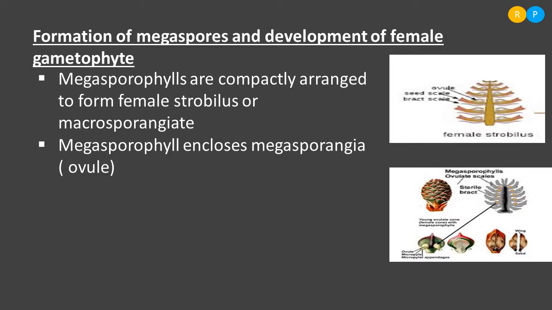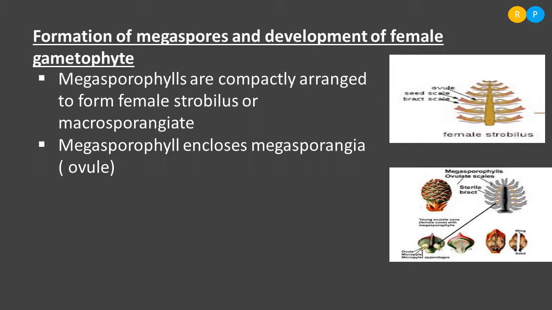Ovule. Understood, right? So the female cone is made out of a modified leaf known as megasporophyll. The megasporophyll encloses what? A megasporangia. Megasporangia is a protective structure meant for the formation of spores. Within the megasporangia, diploid cells will be present.